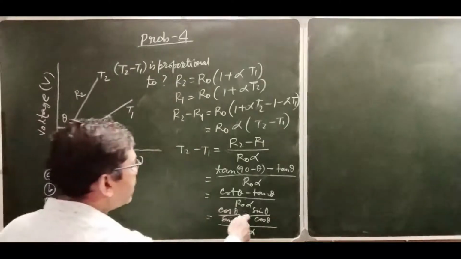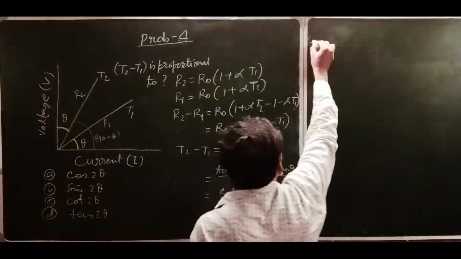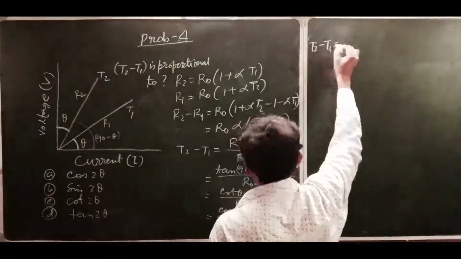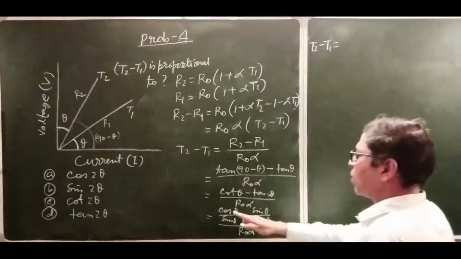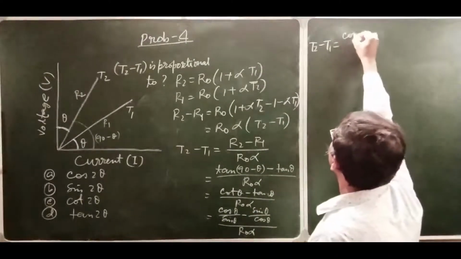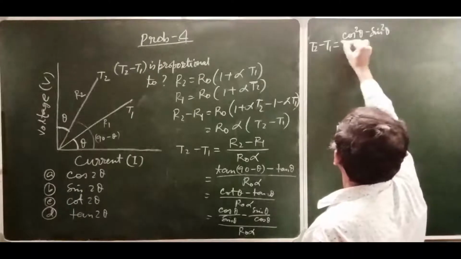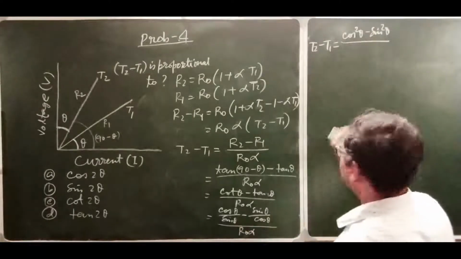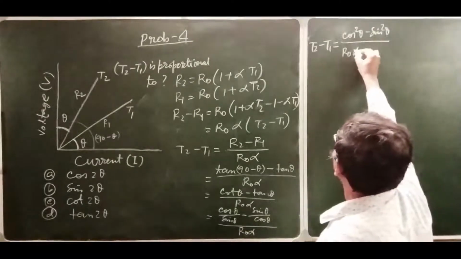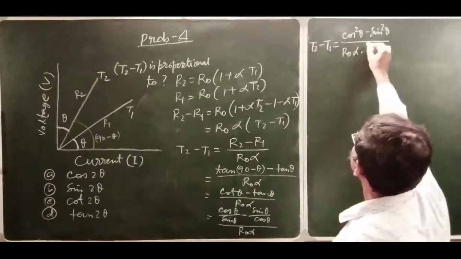So by calculating this, we get T2 minus T1 is equal to cos square minus sine square in the numerator. In the denominator, R0 alpha into sine theta cos theta.